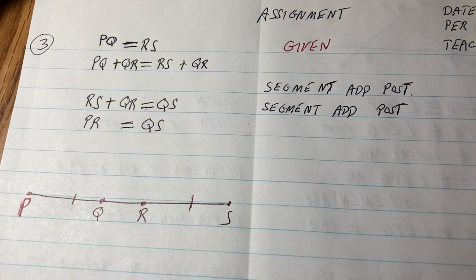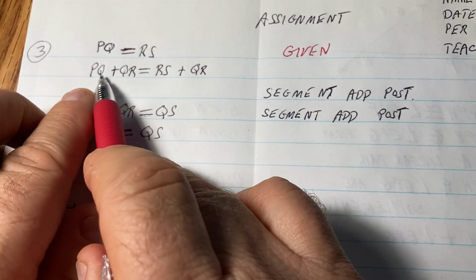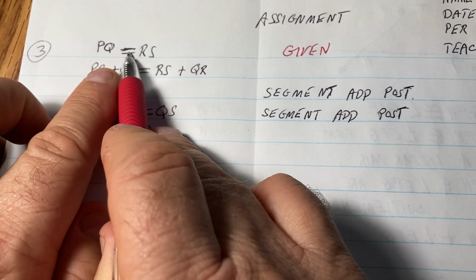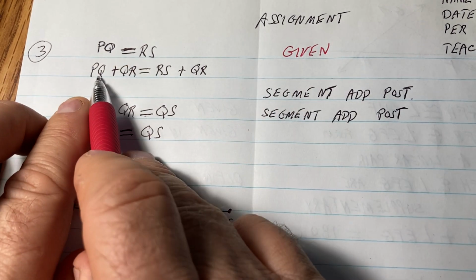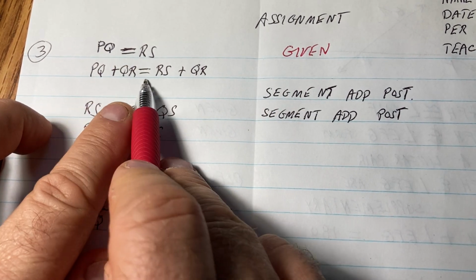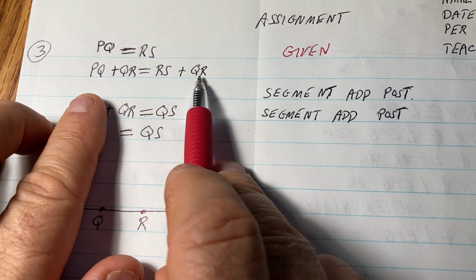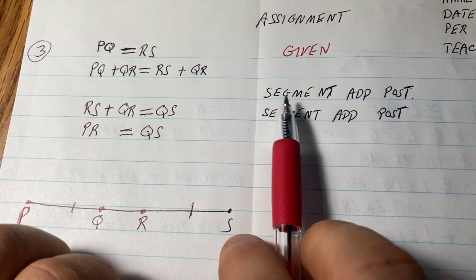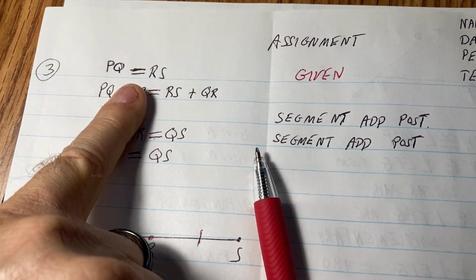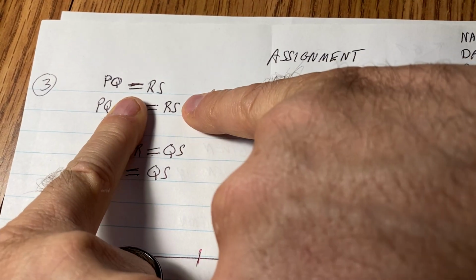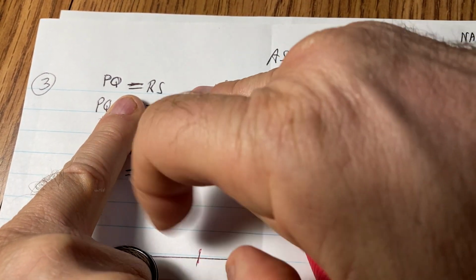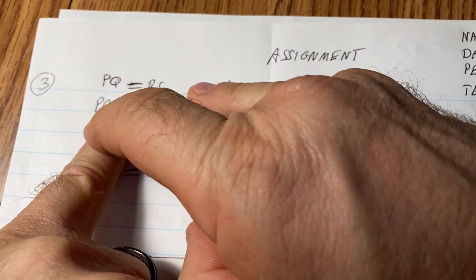Okay. So PQ = RS, that part's given. Then it says PQ plus QR = RS plus QR. Wait a minute. What? So basically, if we hide this stuff right here, on the left side we have PQ, just like we have above.